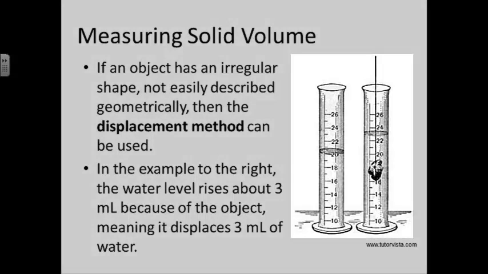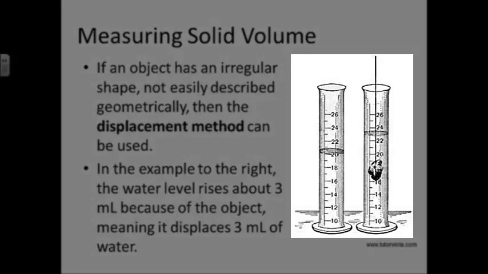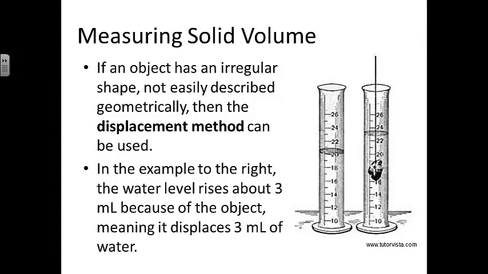As shown in this picture, we see a water level of about 20 milliliters on the left. We then take our object and submerge it in the water, and once it's completely under the water level, notice that the water level rises 3 milliliters, from 20 to 23 milliliters. That means it has displaced 3 milliliters of water, so it must take up 3 milliliters of volume.